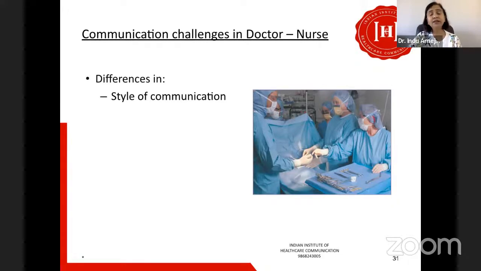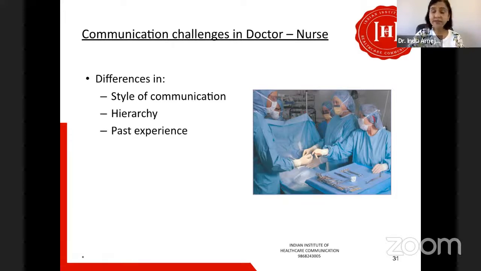One is definitely that their style of communication can be different. Some people are very authoritative, very upfront. Some people are passive. Some people are hesitant to talk. Then hierarchy, of course; we all know there can be challenges with hierarchy, and people may not feel comfortable talking to those higher up, especially about the patient's care plan, complication or situation.